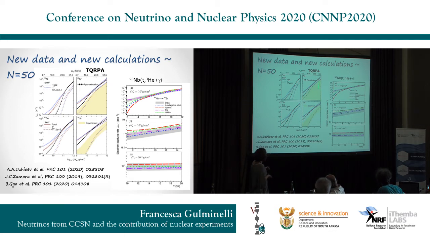And once these microscopic calculations, like this temperature QRPA from Karl Heinz and collaborators, are benchmarked on this experimental data, then they can be performed in regions like this nickel 78, which is really in the middle of the region where the data don't exist.